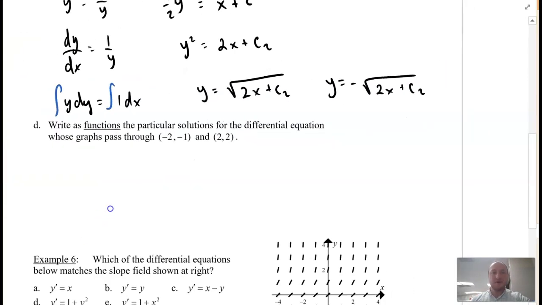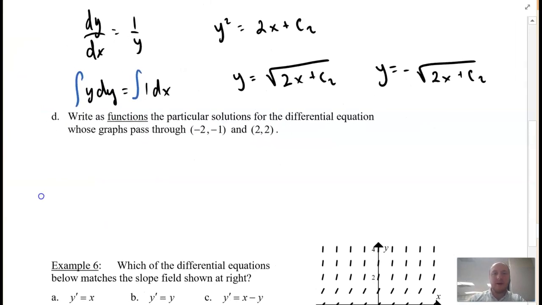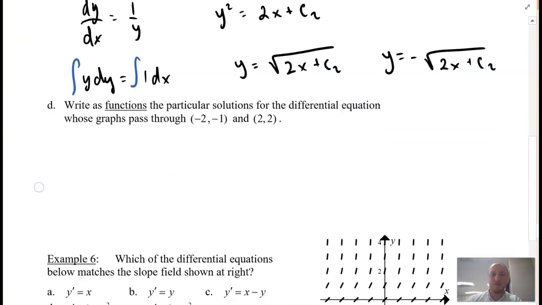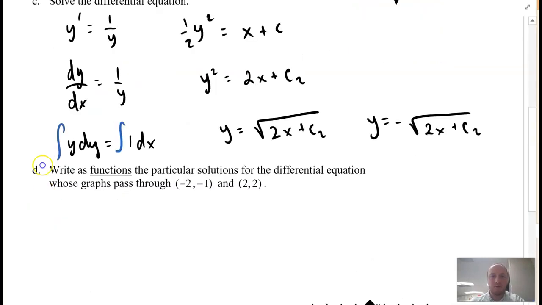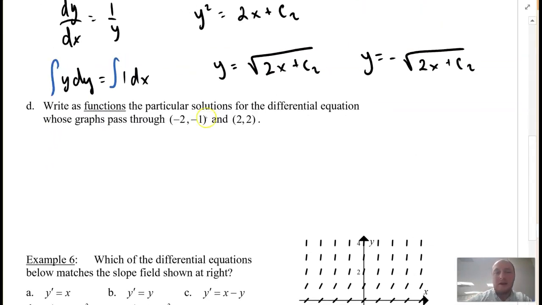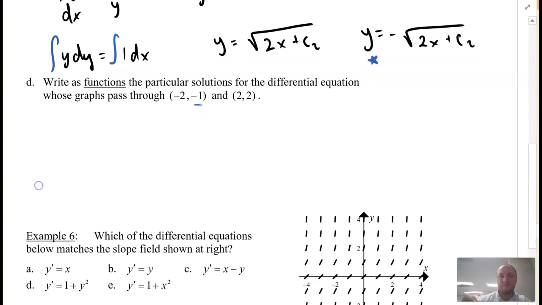All right, now part D says write the functions as particular solutions for the differential equation that pass through those 2 specific points that we just looked at. Again, I used blue for our first point, so I'll do that again. Now notice the y value is negative, so we're going to utilize this function. -1 is equal to negative square root of 2 times -2 plus c.